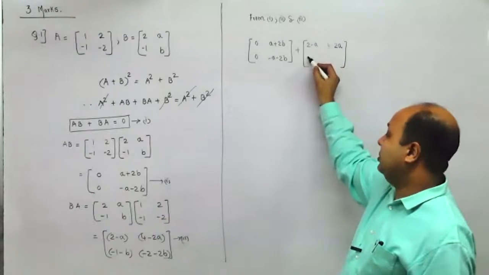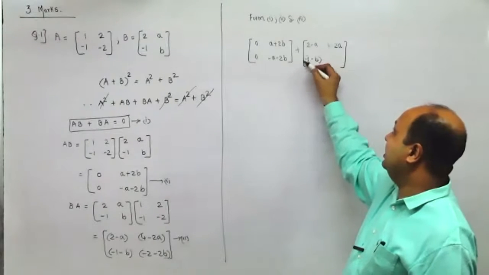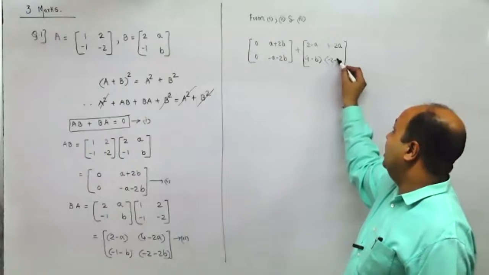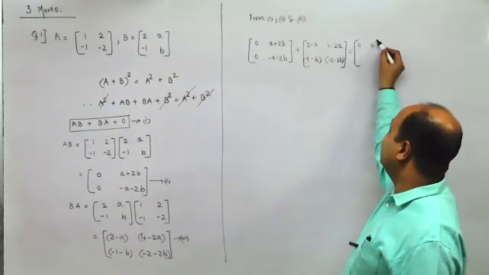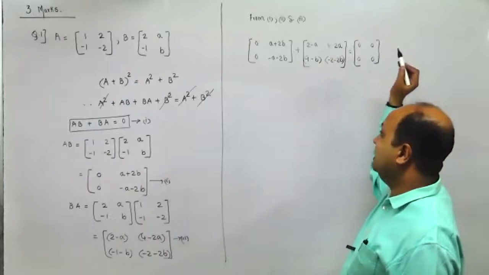This is minus 1 minus b, and this is equal to 0. So we can say it is 0, 0, 0, 0.